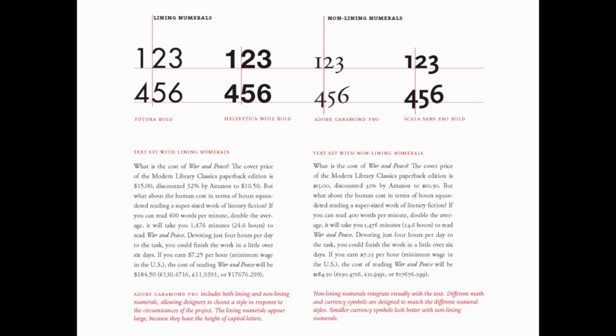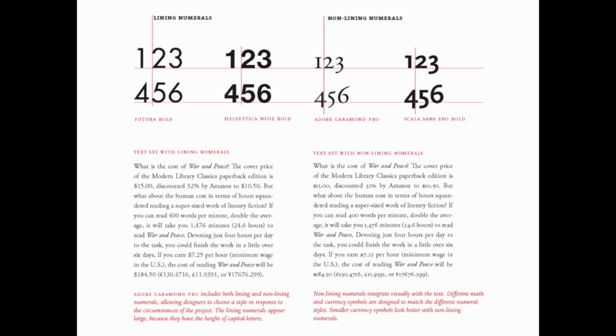So here we are. We can look at these two paragraphs side by side. And as we start to read them, your eye jumps to things like $15, discounted by 32%, $10.50, because those are tall. Right? If we look at the paragraph on the right here, you can see that $15, 32%, and $10.50 are smaller, and they read in the flow of the paragraph as opposed to standing out.